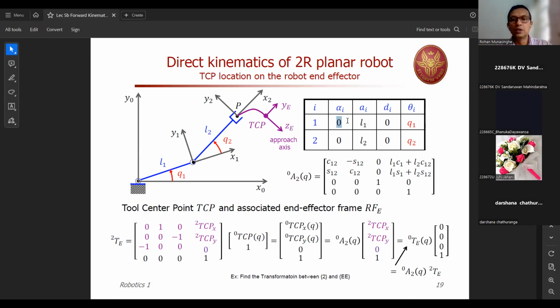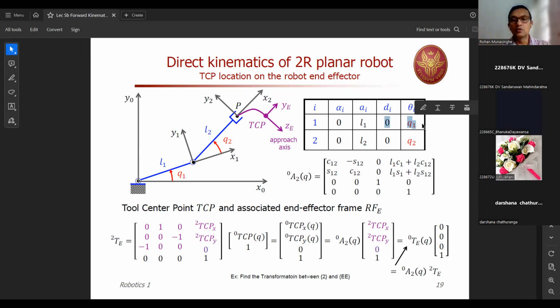So now alpha is a rotation, a is a distance, d is a distance, theta is a rotation. Irrespective of the sequence here, you can say you start off with d and theta, then a and alpha. d theta is the first operation, rotation and translation, and then a alpha, displacement and rotation.